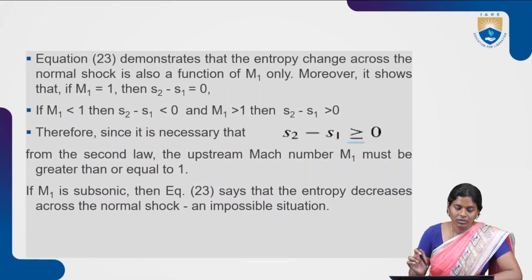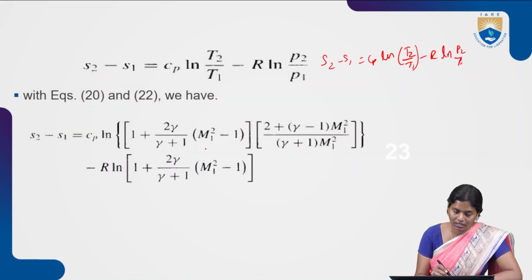Now this expression demonstrates that the entropy change across the normal shock wave is only a function of M1. As you can see here, again we have it in terms of M1.